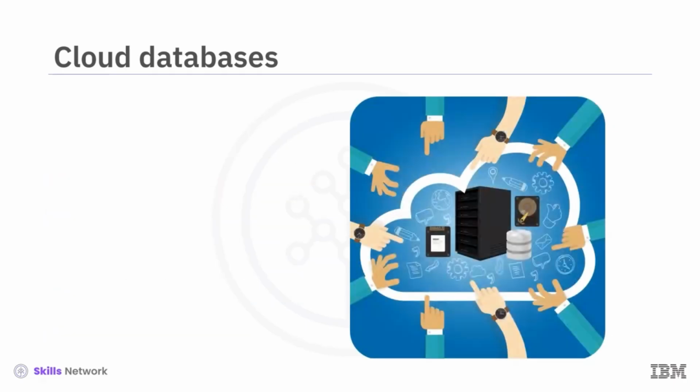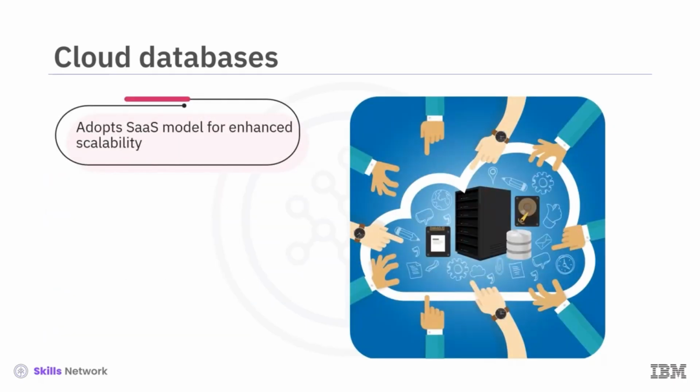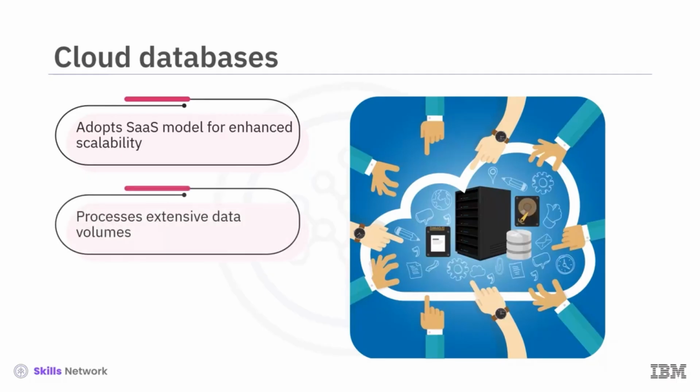The primary driver for the consistent growth in the popularity of cloud databases is the increasing adoption of the software as a service (SaaS) model, enabling organizations to leverage cloud benefits like enhanced scalability. Cloud databases facilitate processing extensive data volumes essential for robust data analytics.